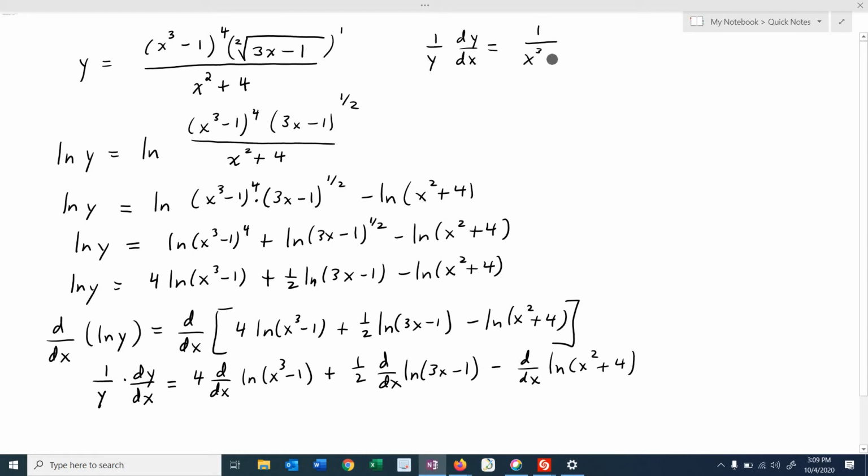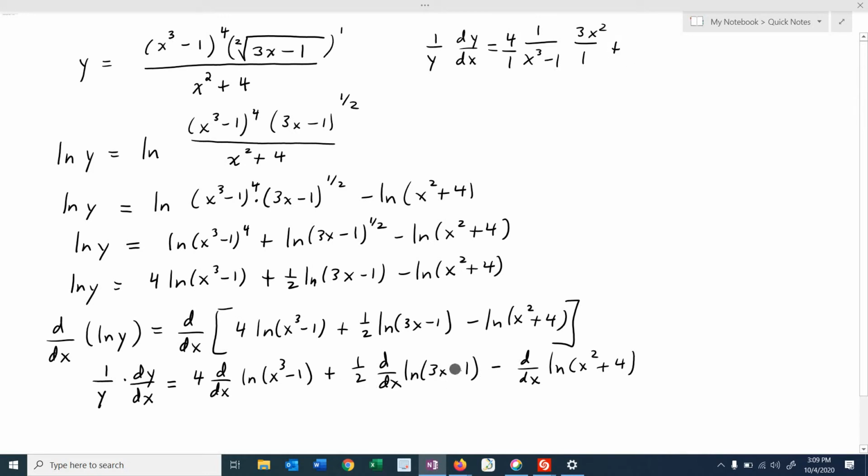So it's actually 1 over x cubed minus 1. Okay, and then the derivative of the inner function would be 3x squared. Okay, so that's your outer derivative times your inner derivative. Then you do have this constant that sits in front.